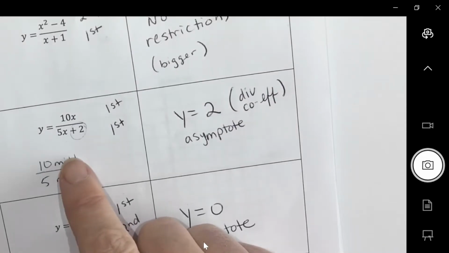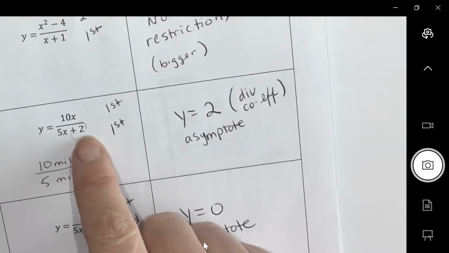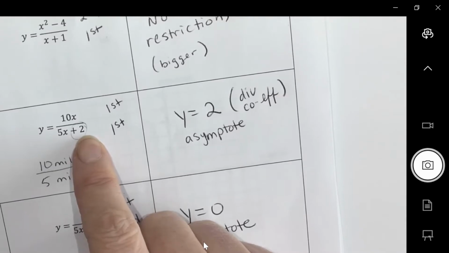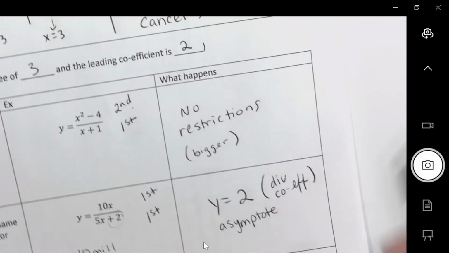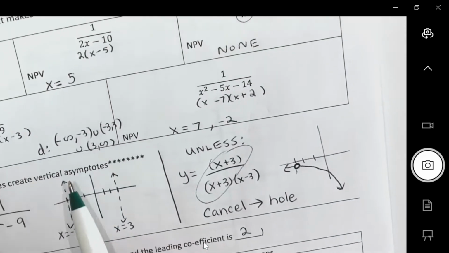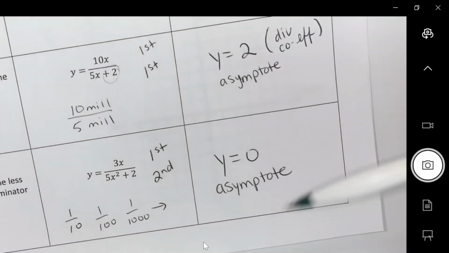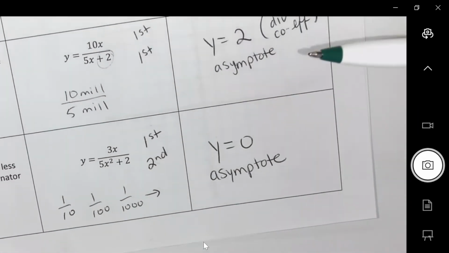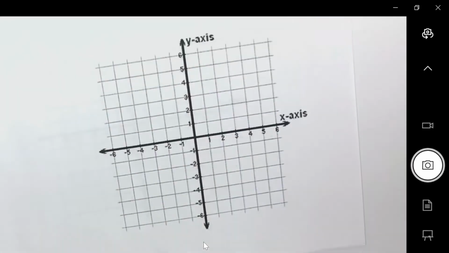It's like the x part's an ocean and 2 is adding a raindrop to an ocean. So it's kind of irrelevant at that point. So we have non-permissible values, which can be asymptotes or holes. We have degrees. We either are going to go no restrictions, a number restriction, or 0.